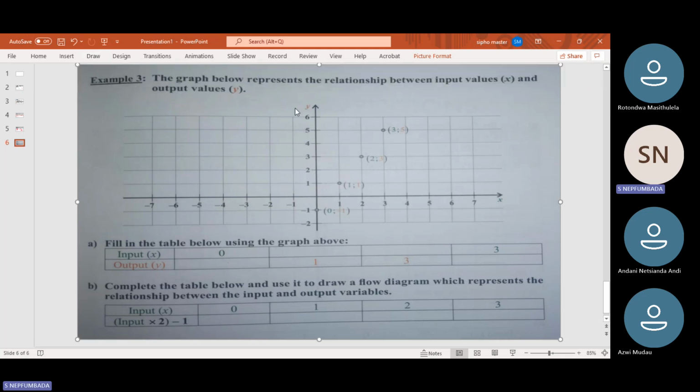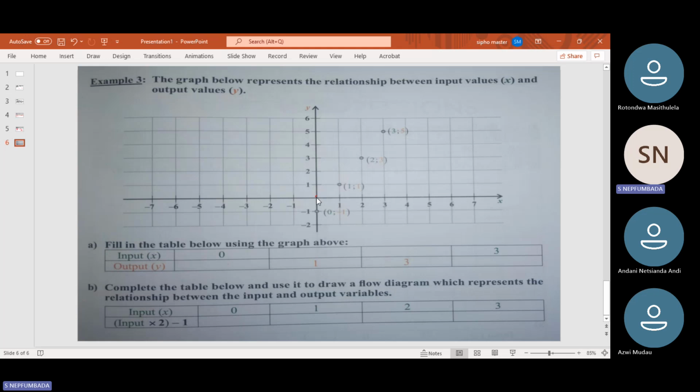If we look at this one, they say 0. 0 is here, right? When x is 0, our corresponding y value is -1. When x is 1, y is 1.